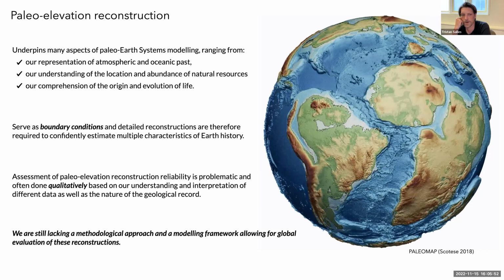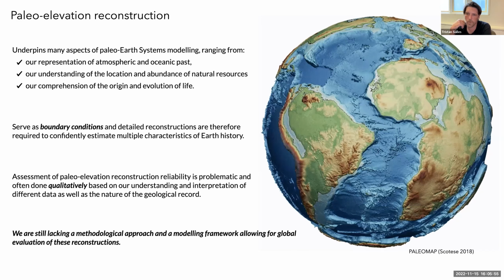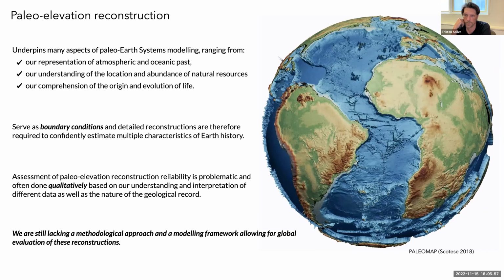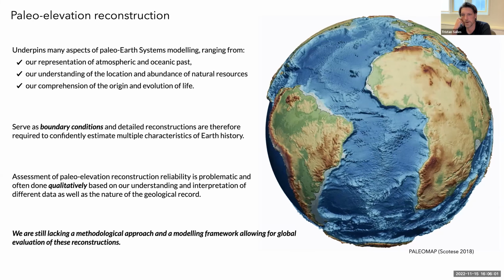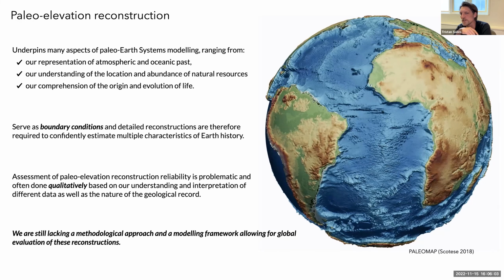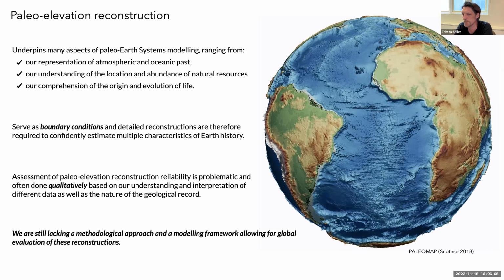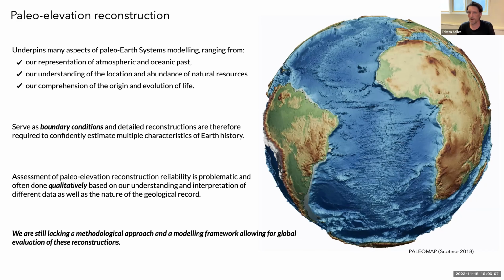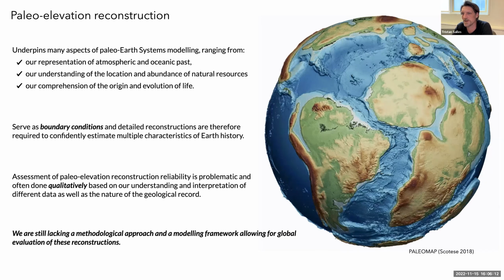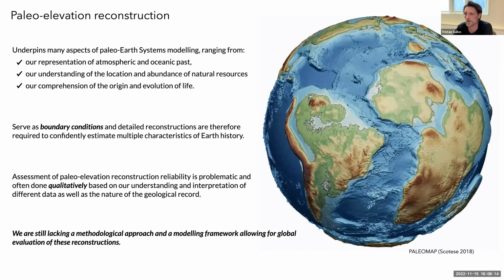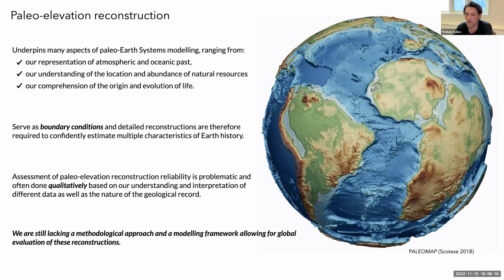It's more a qualitative approach, where people have some information, from fossil records or from exhumation rates, about potential environments and potential elevation of a specific place, and then they draw basically what they think the landscape or the elevation was looking like.